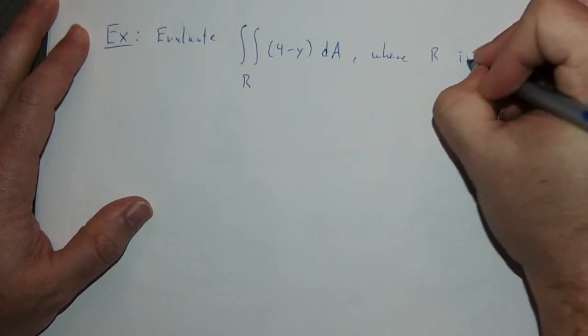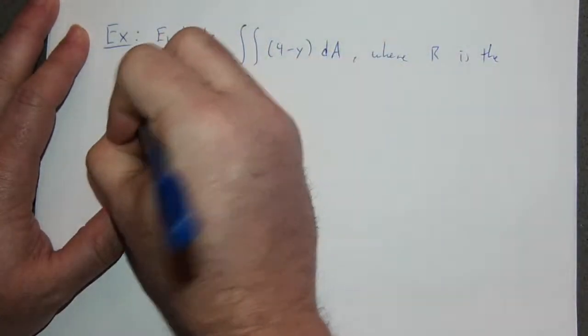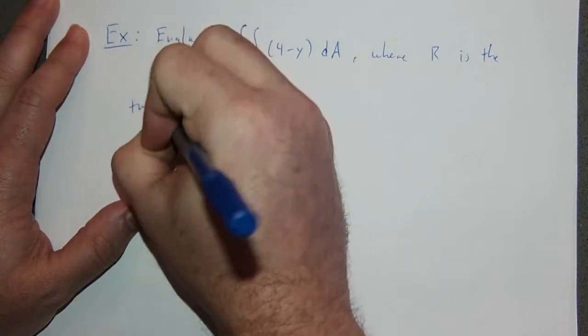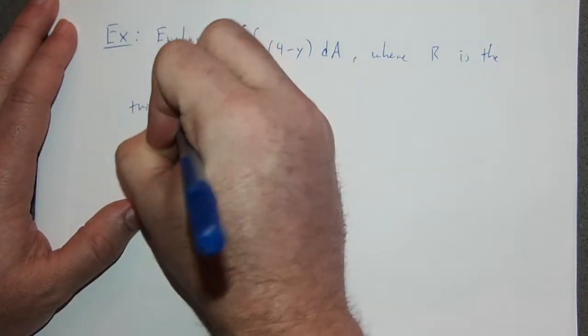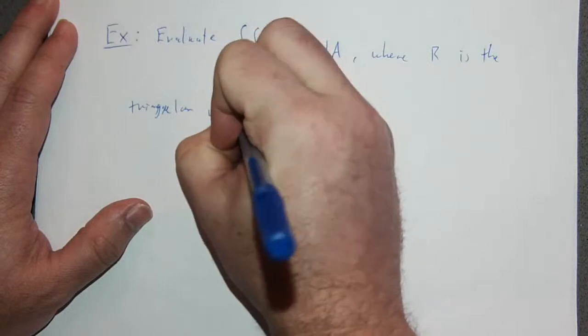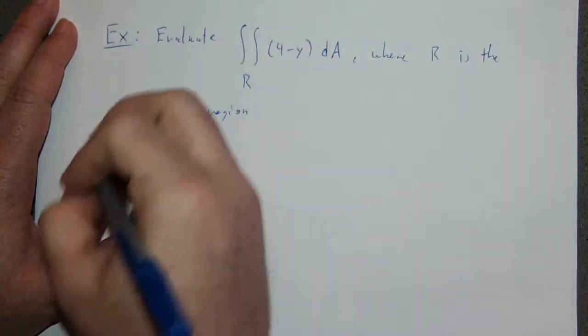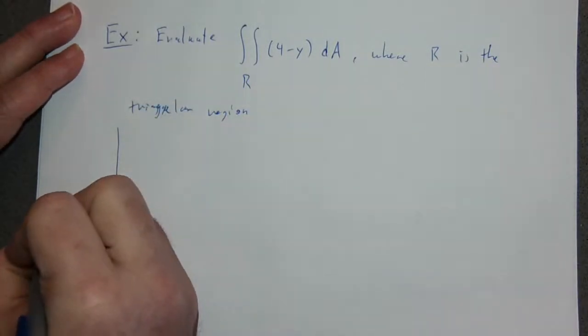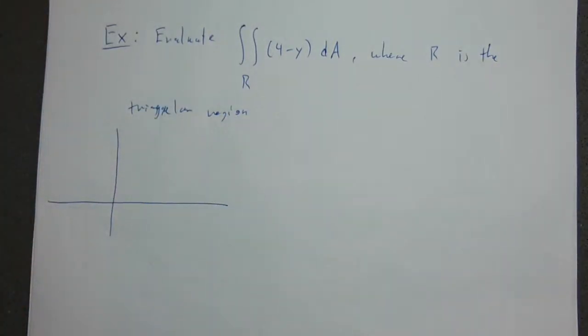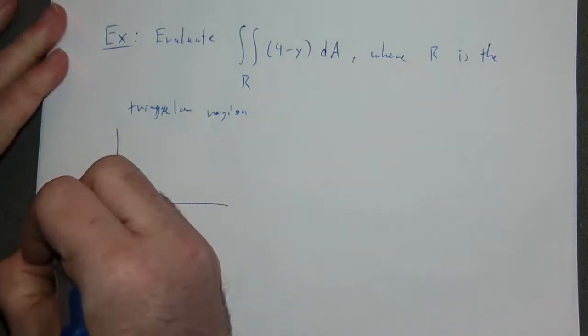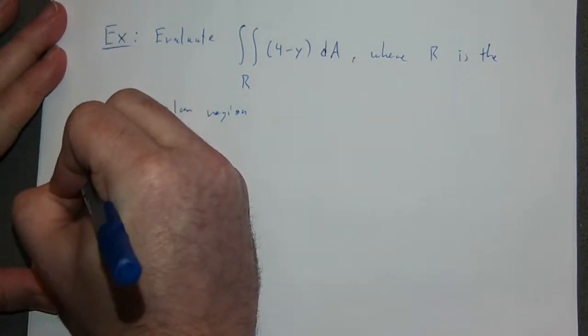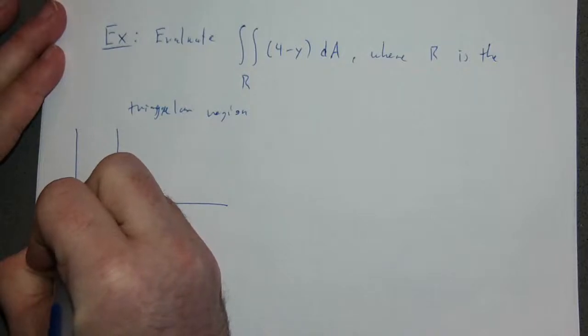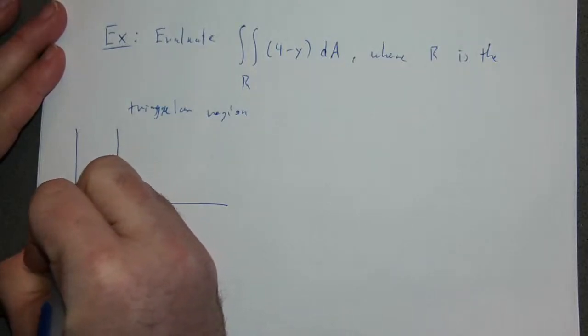R is the triangular region, well, let's just draw it here. So this is the triangular region where the left bound of the triangle is from the line x equals -2.